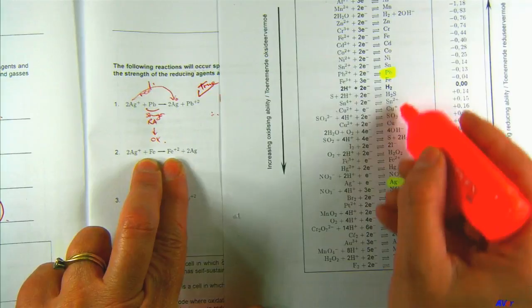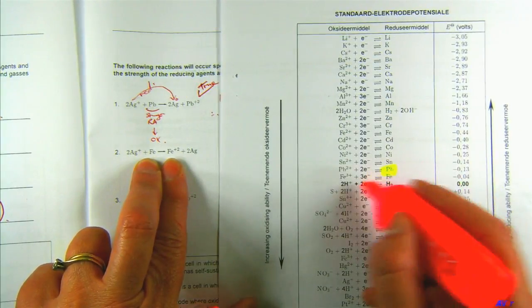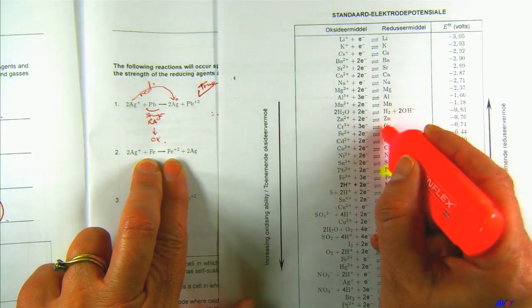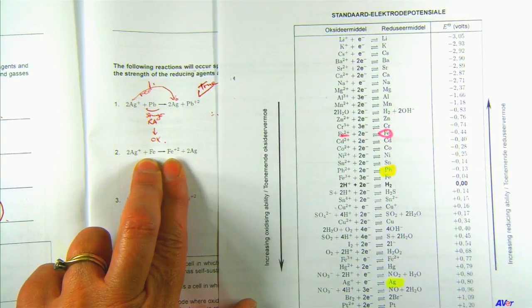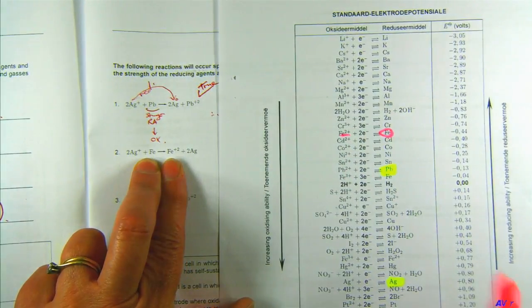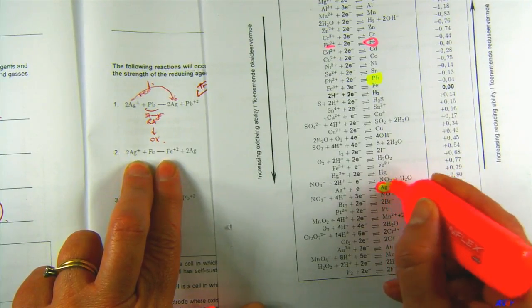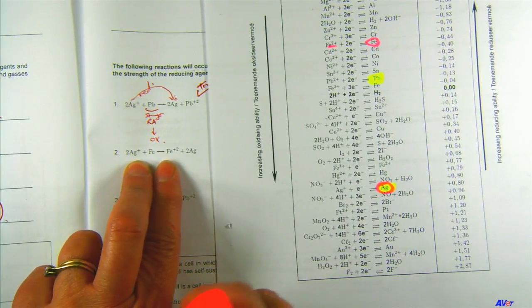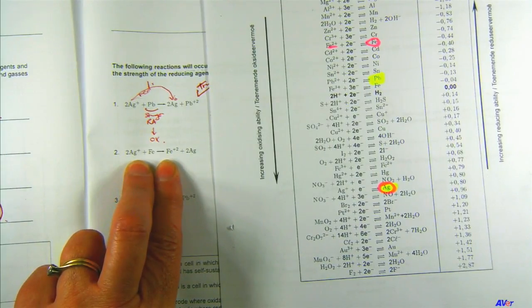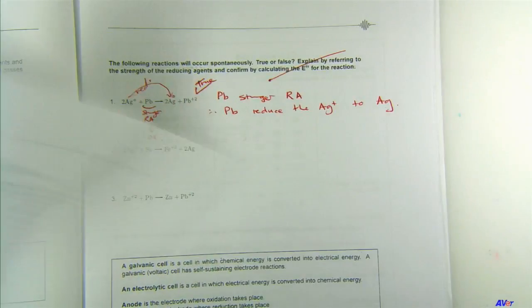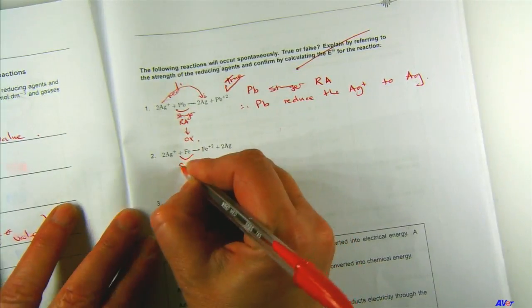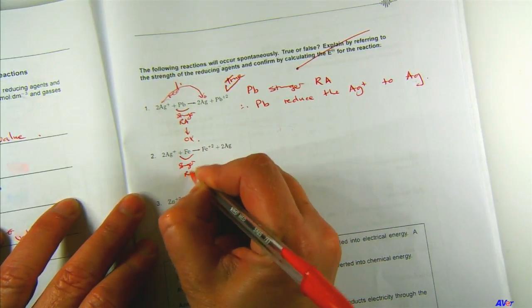There's the iron that goes with 2+. You've got that iron, and you've got silver down there. Which is the stronger reducing agent? Iron.